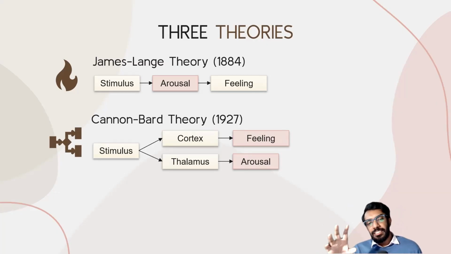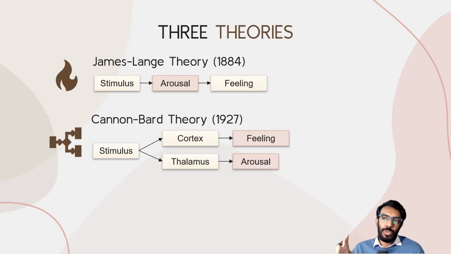These two said, rather, that the stimulus is perceived at the same time by both the cortex as well as the thalamus. They gave a lot of importance to the thalamus. They basically did studies on cats and monkeys as well, where they lesioned the thalamus and saw what effect this has on feeling. Right.